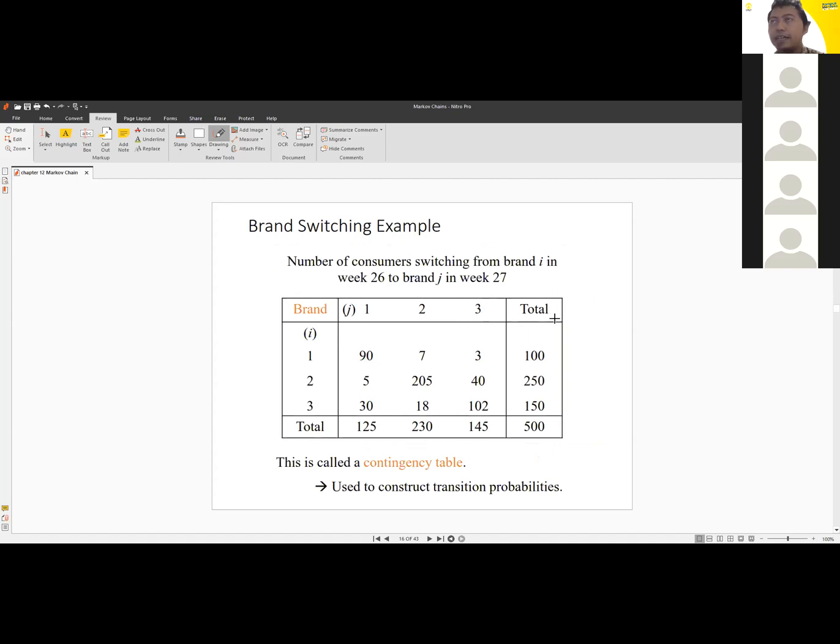This is another example. Brand switching example: the number of consumers switching from brand I in week 26 to brand G in week 27.